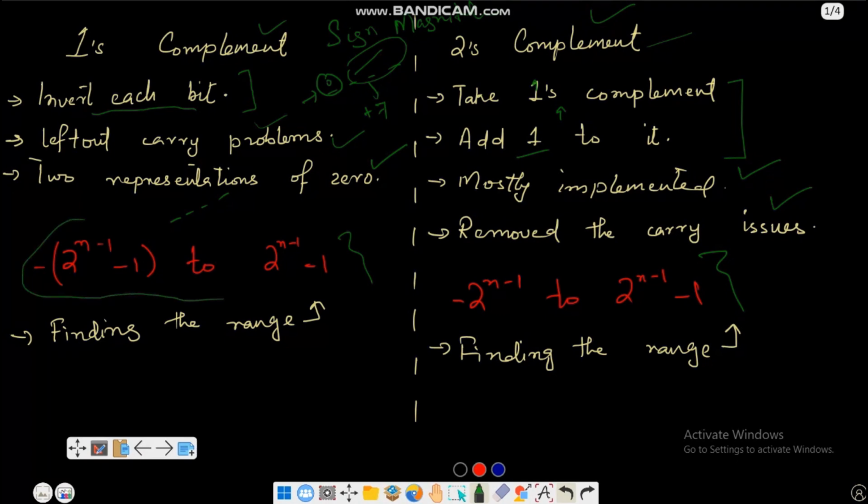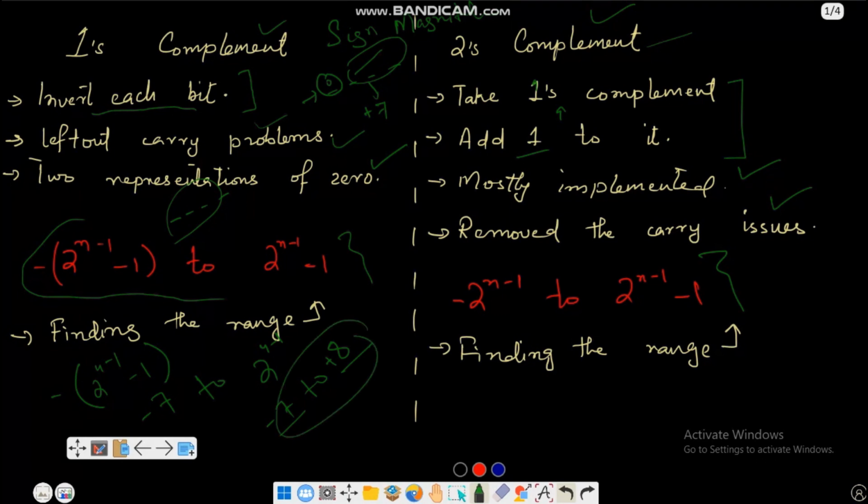Let's say you have 4 bits, so you simply replace this n with 4. 2 power 4 minus 1 minus 1, which becomes 2 power 3. 2 power 3 is 8. 8 minus 1 is 7, which becomes minus 7 to 2 power n minus 1. 2 power n minus 1 is 2 power 4 minus 1, which is 2 power 3, which is 8. So these 4 bits will be able to represent numbers from minus 7 to plus 8.